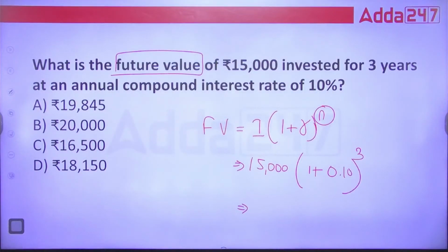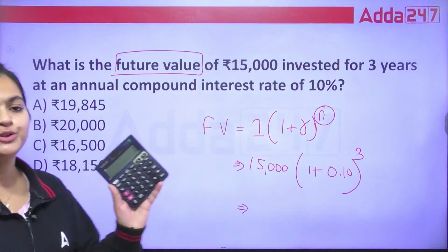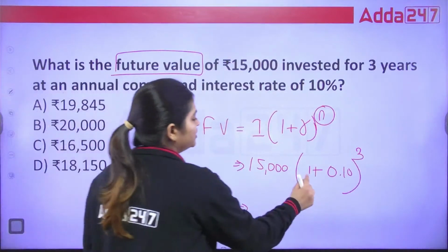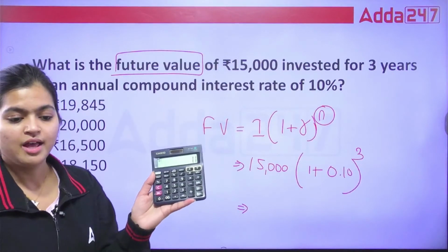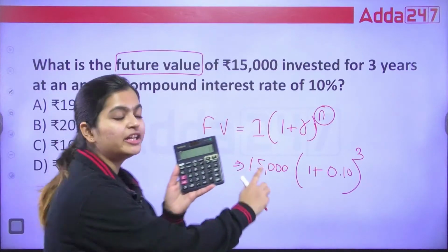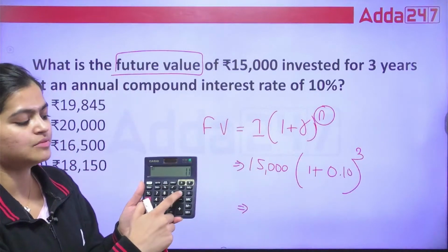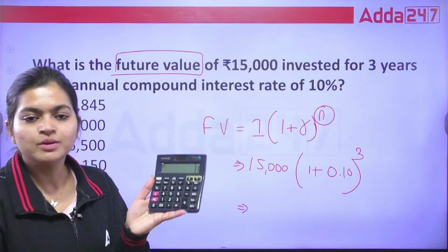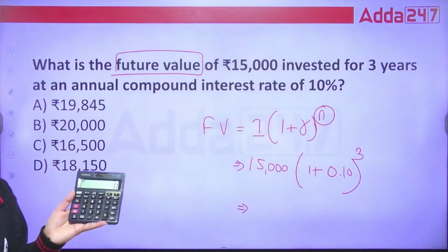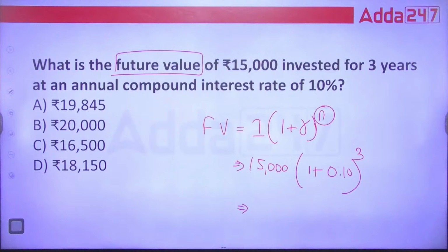Tell me the nearest answer of this. Again, you need to use the calculator. Firstly, type the amount within the bracket, that is 1.1. For the power, you need to use multiplication. And how many times do we need to press equal to? Can anyone tell me?